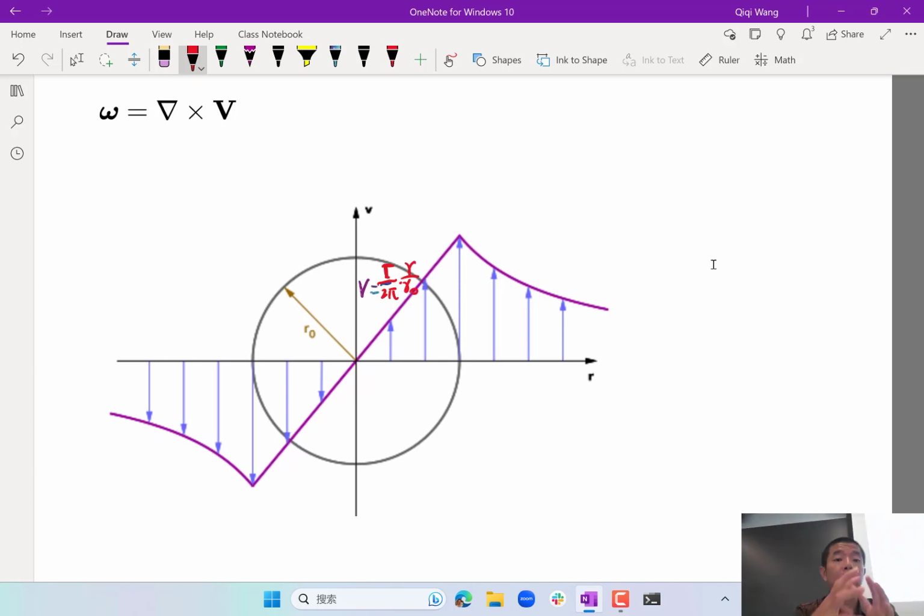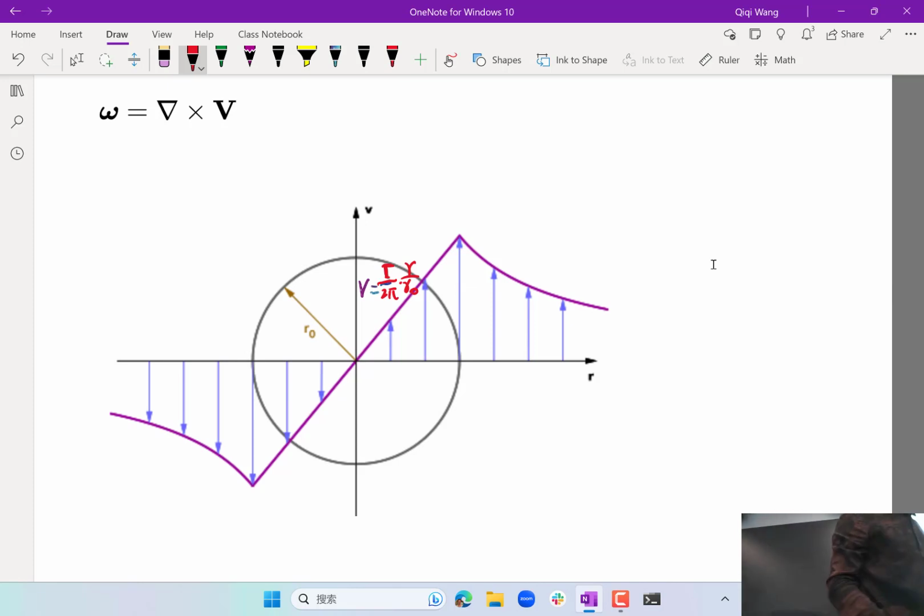So this is within what we call the core of the vortex, and the flow field inside of this circle is rotational or irrotational? It's rotational, right? Because the velocity is larger as you go more outside, right?